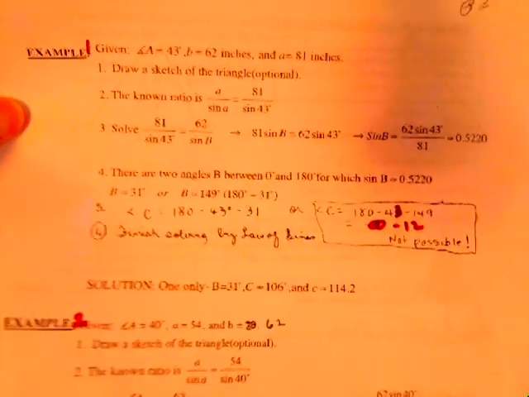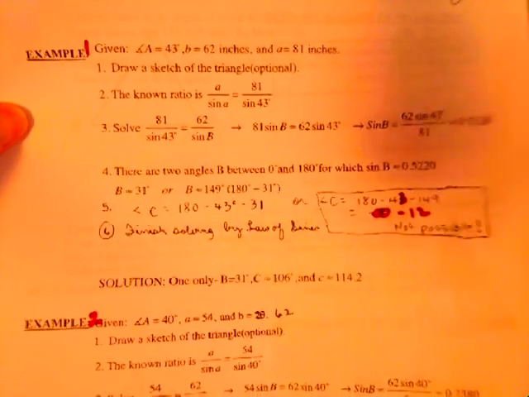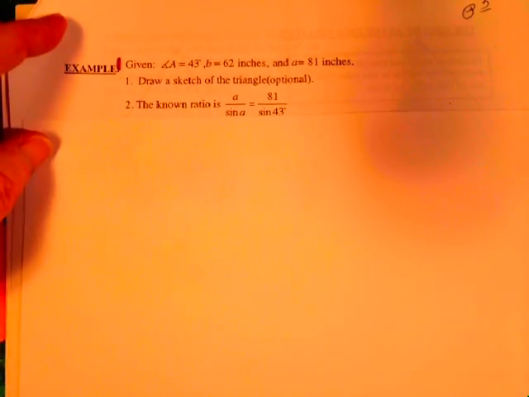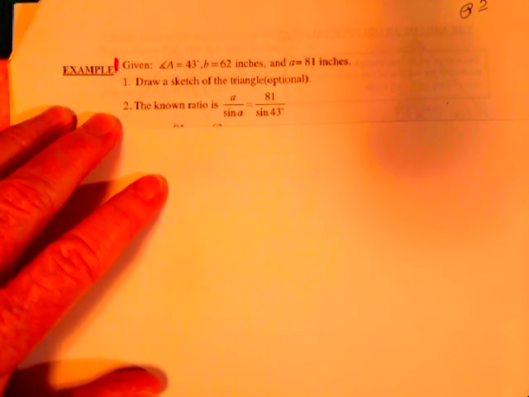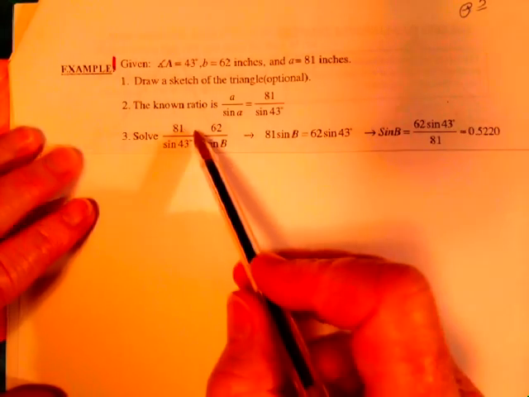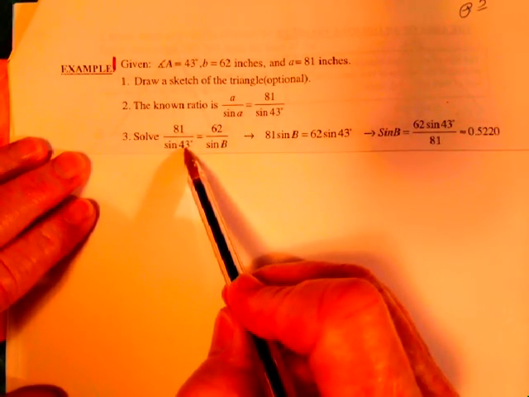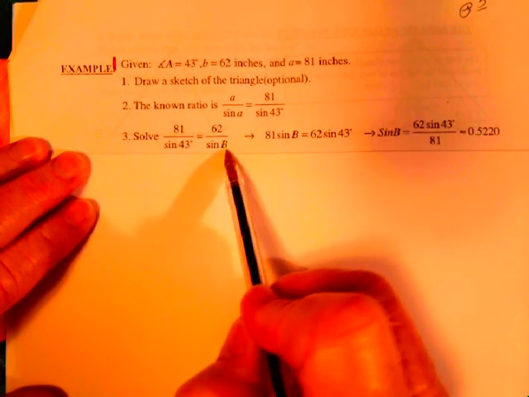The ratio that they have given us enough information to set up is 81 is to the sine of 43. We're going to use that to find another angle and then go from there. So I can say 81 is to the sine of 43 as 62 is to the sine of B.